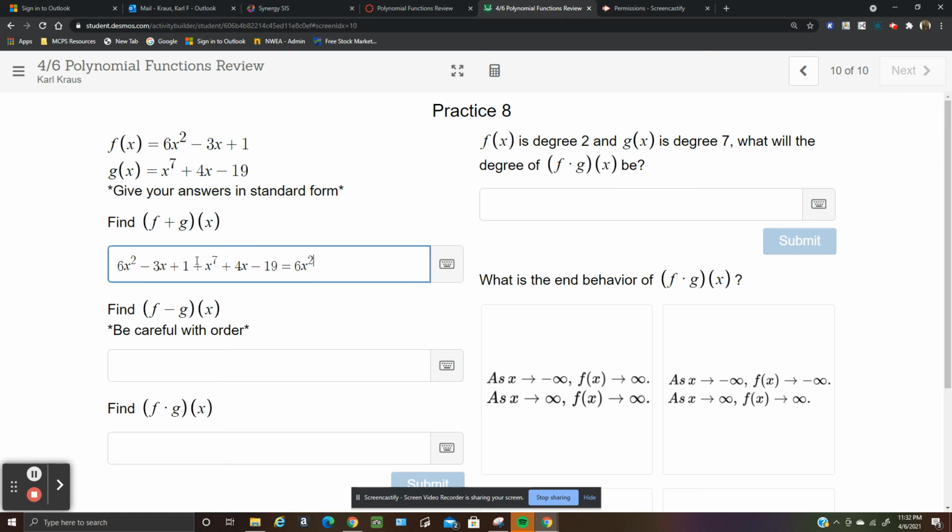We go with the highest power first, so x to the 7th, and then in descending order, plus 6x squared plus x, and then minus 18.